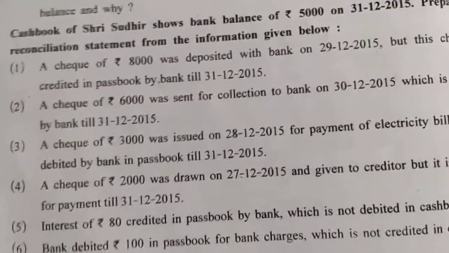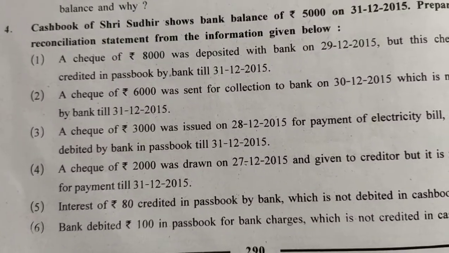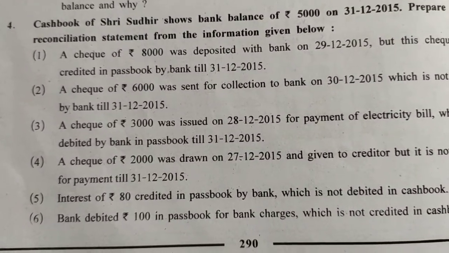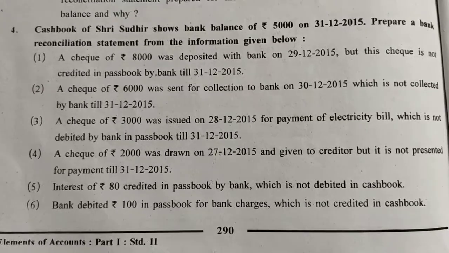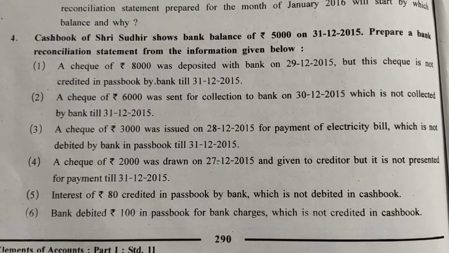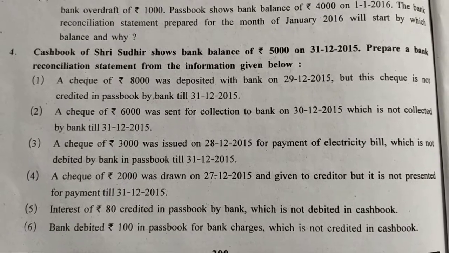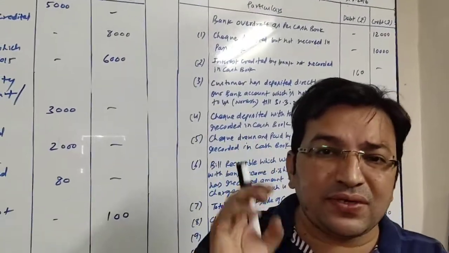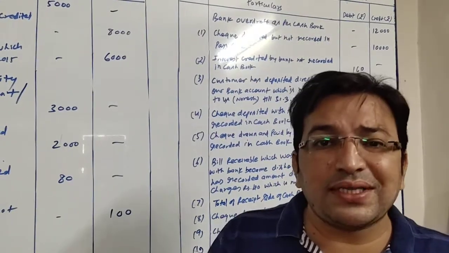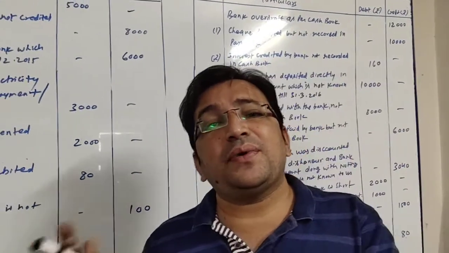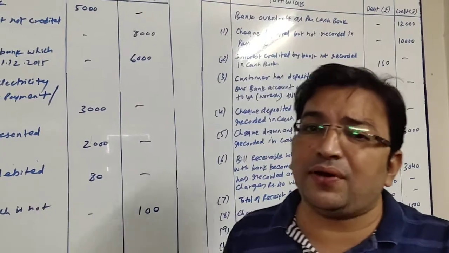Next one, the fourth one says a check of rupees 2000 was drawn on 27/12/2015 and given to a creditor, but it is not presented for payment. Friends, the check was drawn and given to the creditor, but the same is not presented for payment.